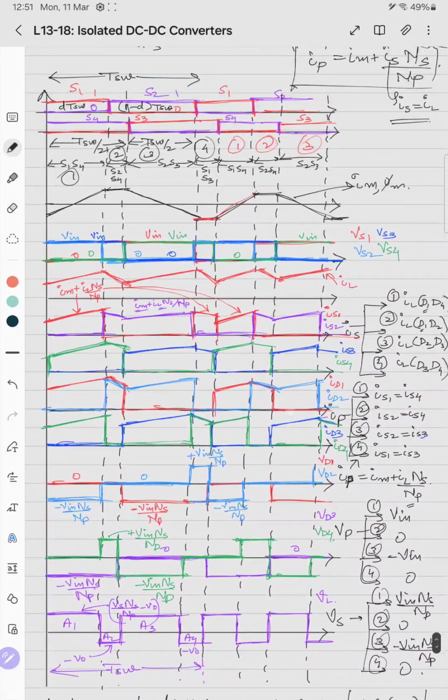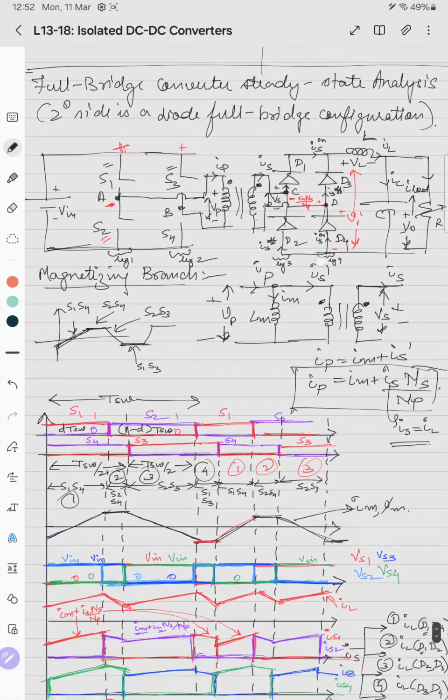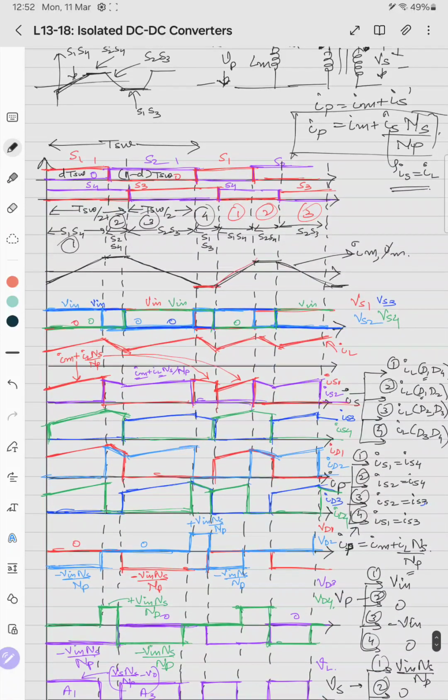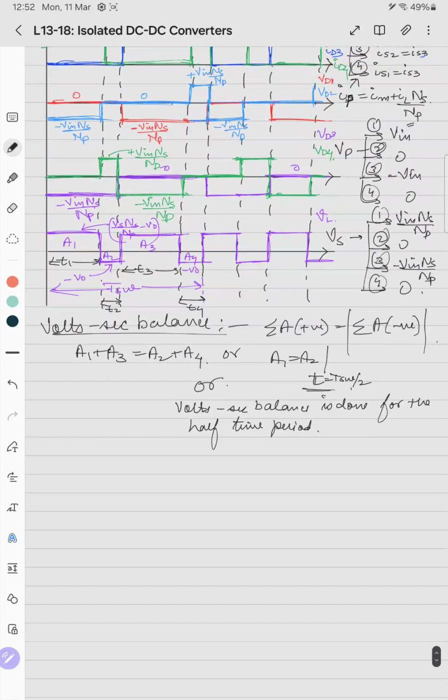But for that, what happens is here, this is T1, this is T1, this is T2, this is T3, and this is T4. Now we know that T1 is D into T switching, and T2 plus T3 is 1 minus D into T switching. So T2 becomes T switching by 2 minus D into T switching. T1 is D into T switching, T2 will be T switching by 2 minus D into T switching.